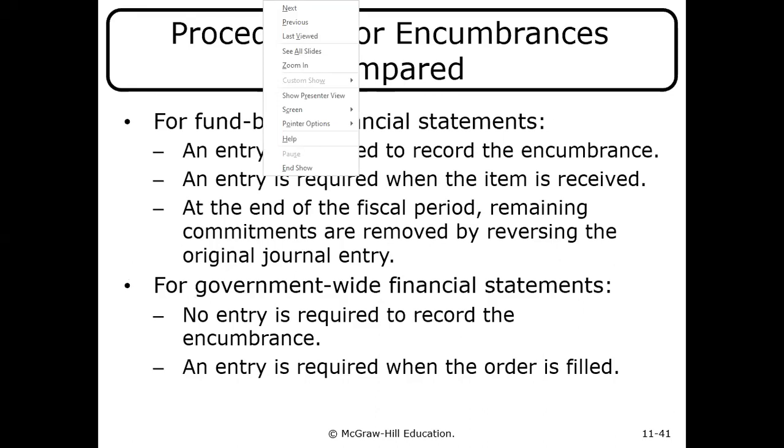If you go to page 536 of your book, we have here, assume a city's, and this is the second paragraph down, the city's police department orders $18,000 in equipment from an approved vendor. As an ongoing service activity, the police department is accounted for within the general fund.